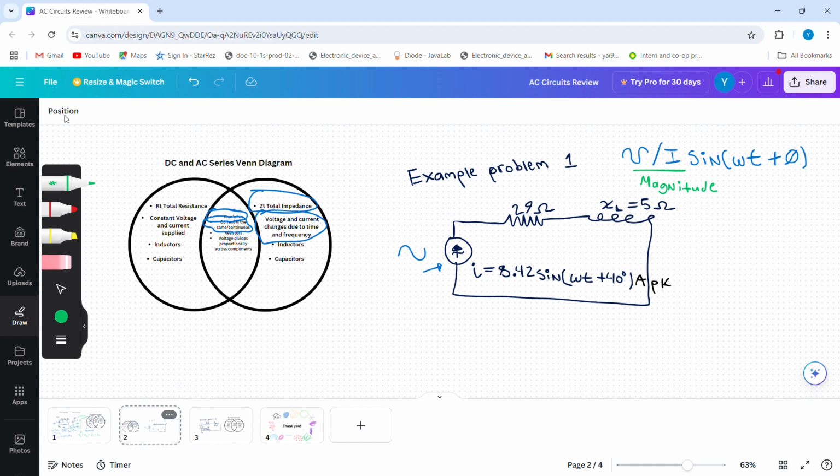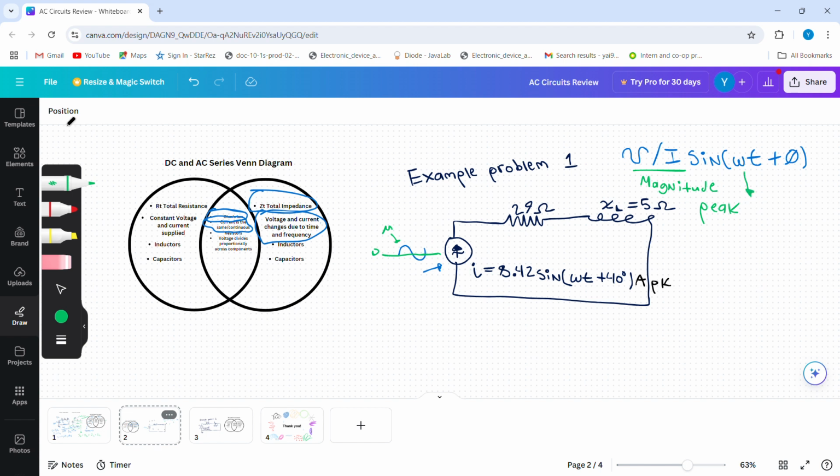A lot of times we can describe this in peak values. Here it's given to us in pk, so we know it's a peak value. And that's telling us in our sinusoid, this peak value is that magnitude. So from 0 to this max point is our peak value. We also have this character called omega.